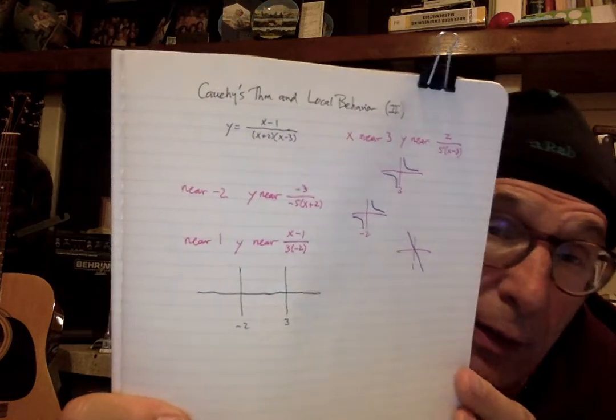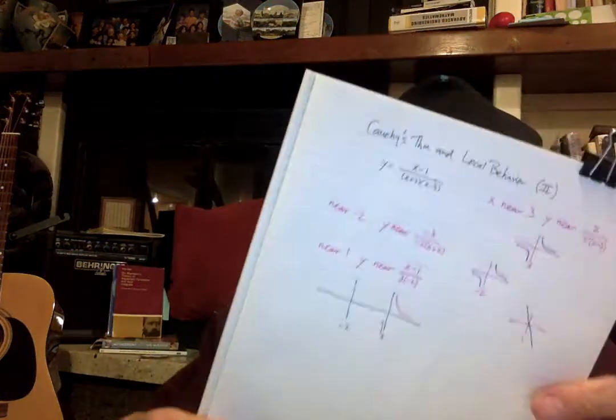So we have asymptotes at minus 2 and at 3. There's a horizontal asymptote of y equals 0. I didn't go into that, but you noticed it anyway. And then I start filling in the local pictures. And so near 3, where right now I just have a template, we know the graph looks like this. I'm leaving some stuff to be filled in later.